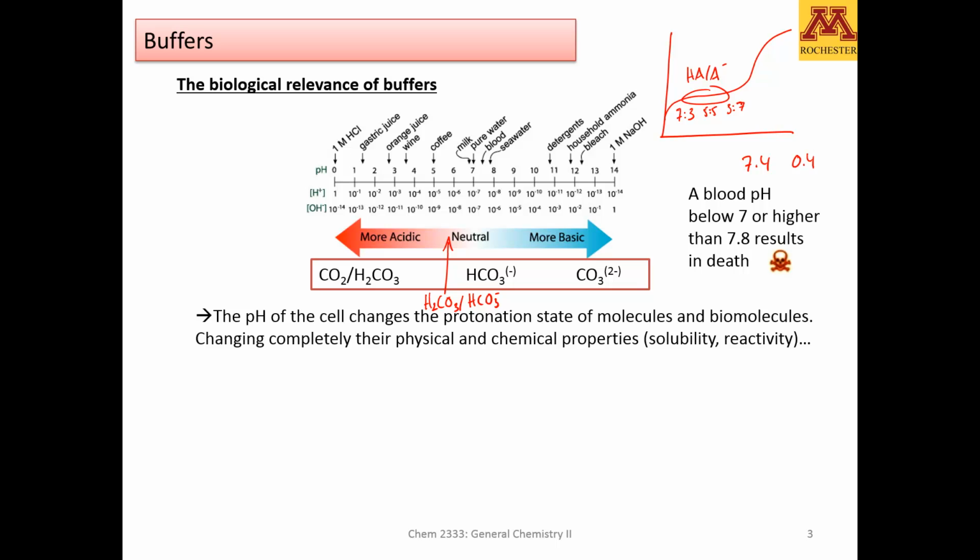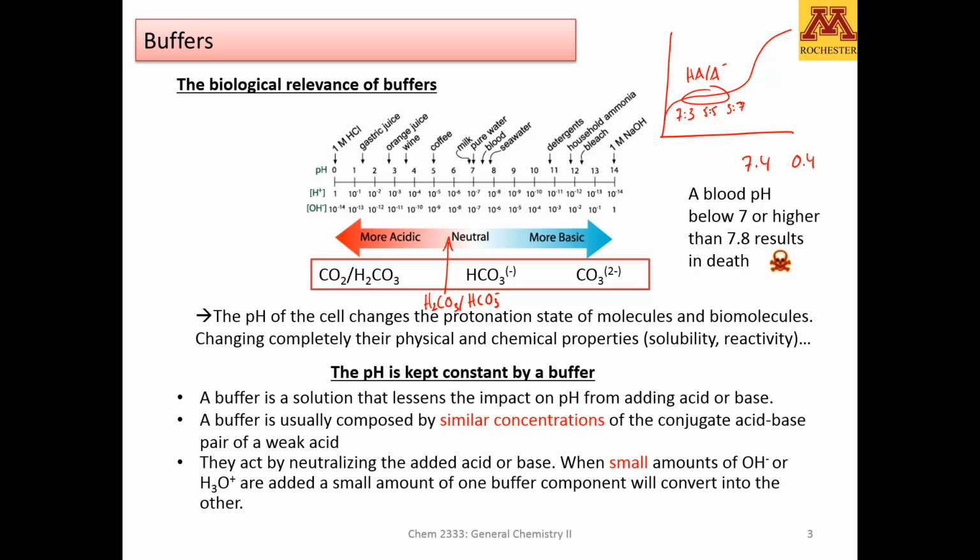So as I said, the objective of that buffer is to keep the pH more or less constant. All right. The characteristic of a buffer is that it will, as we said, lessen the impact on the pH. Its characteristic also is that it has similar concentrations of the acid and the conjugate base.